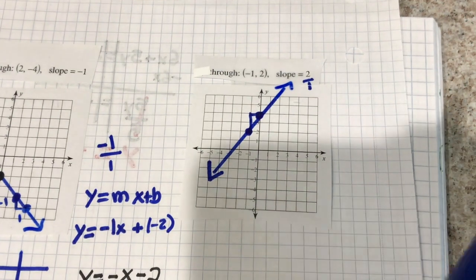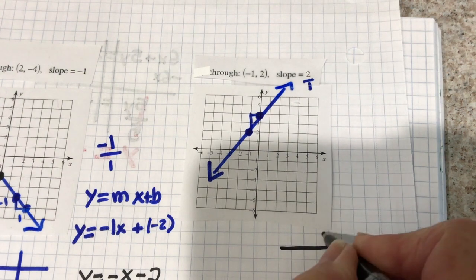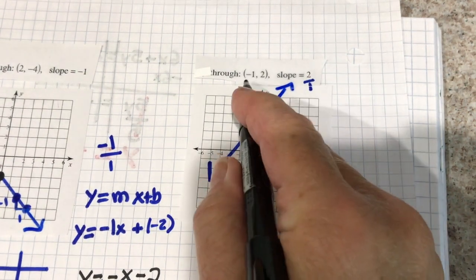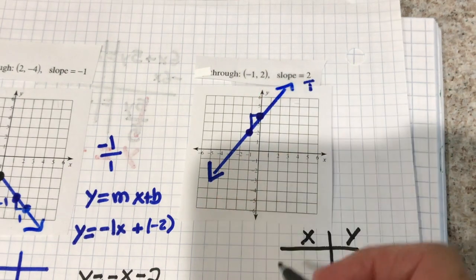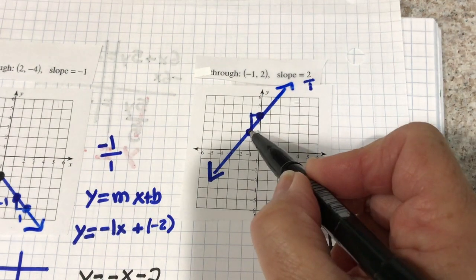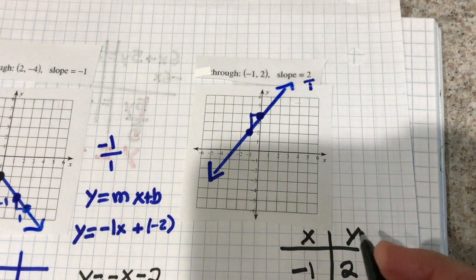And now we're going to write our equation. You might want to start with the table again. X, y. We know this is the x, y coordinates, so negative 1, positive 2. When we went up 2 over 1, we ended up at 0, positive 4.